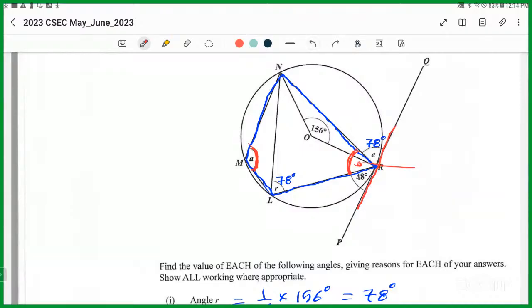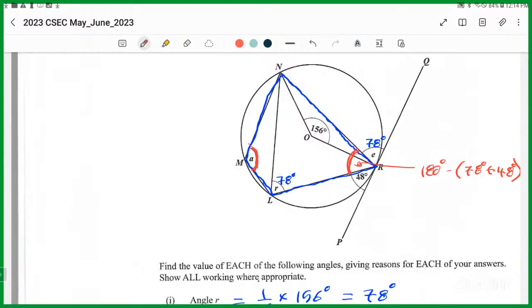So this angle here completes the 180 degrees. That is the total angle on that straight line. So that angle there will be 180 degrees minus the 78 and the 48. Maybe there are other ways to do it, but this is the way I'm seeing it right now.